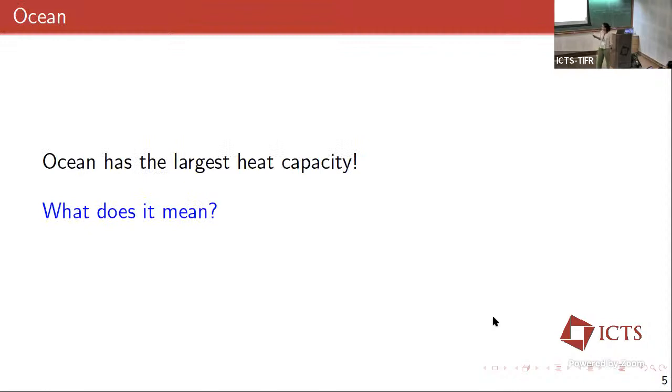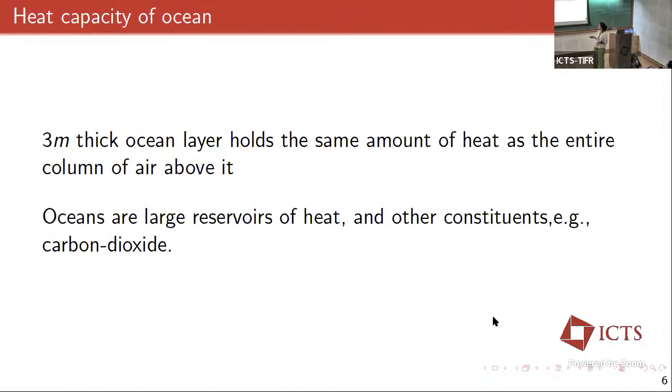This means that the ocean has the largest heat capacity of all the components in the climate model. So what does it mean physically? It means that a 3-meter thick ocean layer holds the same amount of heat and the same amount of, say, carbon dioxide as the entire column of atmosphere above it.